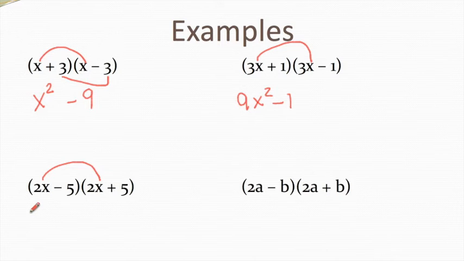2x times 2x, which will give me 4x squared, and negative 5 times 5, which will give me negative 25. So 2a times 2a will give me 4a squared, not 40a squared.